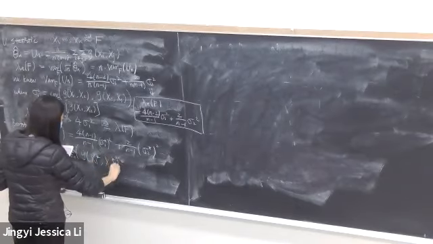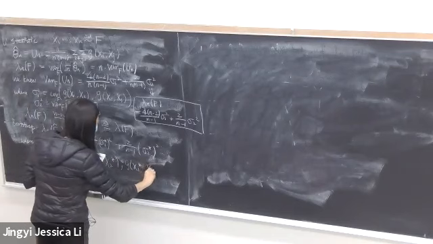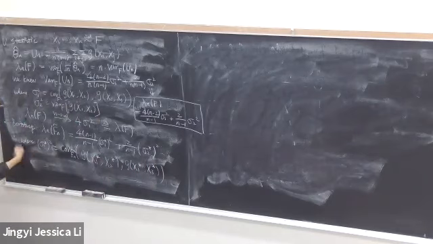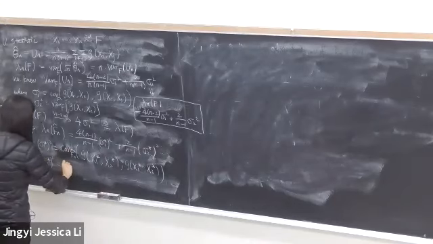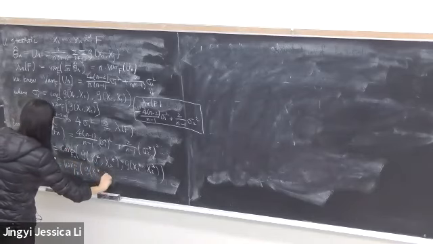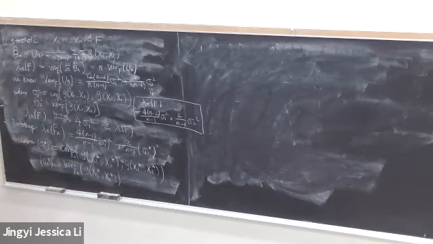And sigma 2 star squared correspondingly would be the variance under Fn hat of g(X1 star, X2 star). Okay, so that's it.